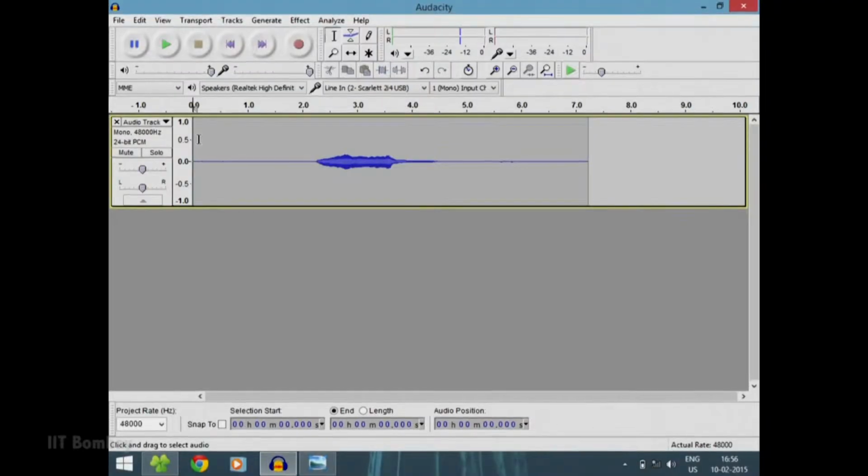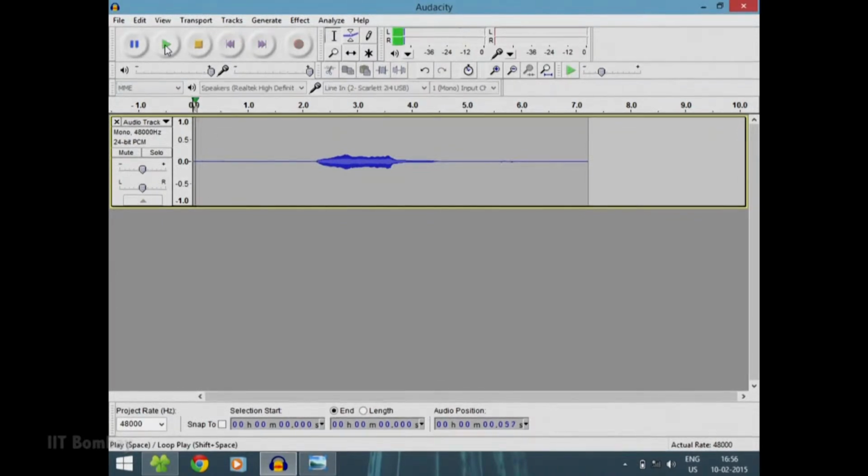And the second system is an analog to digital converter, which converts the analog signal to a digital signal which can be read by the computer. So the digital signal is finally fed through a USB cable to the computer, and the software will record it. So we have the recording here.